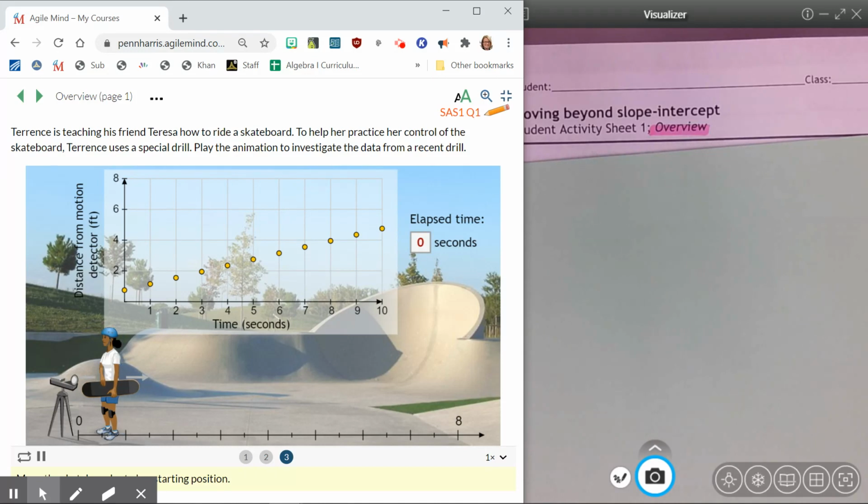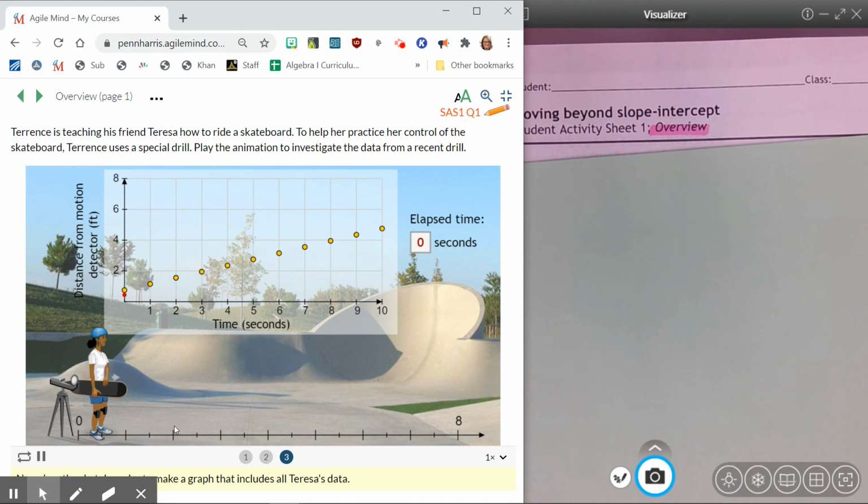So what that means, guys, is that I've got to start Teresa a little bit off. It looks like we're just about to the halfway point there. No, let me reset that again. Maybe get closer to the halfway point. That's close enough. Okay, so you can see, guys, she's not starting at 0. Now when I look at this, it looks like it takes her 3 seconds to travel 2 feet. Okay, 3 seconds to almost 2 feet.